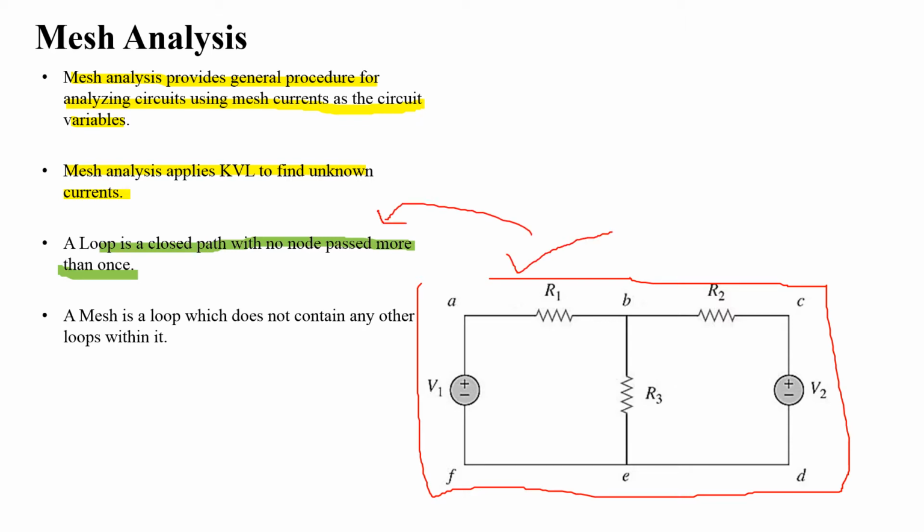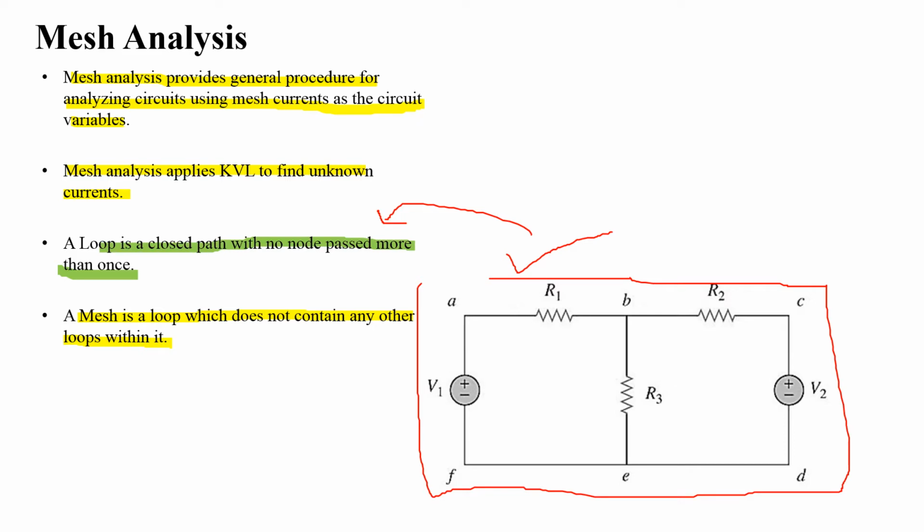Now when we define the mesh, a mesh is basically a loop which does not contain any other loop in it. So a mesh is basically a part of the loop in which no other loop is contained.